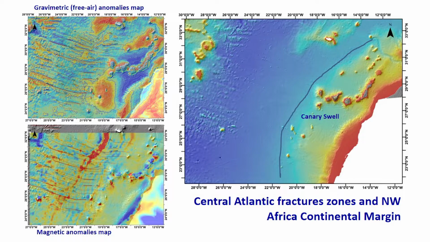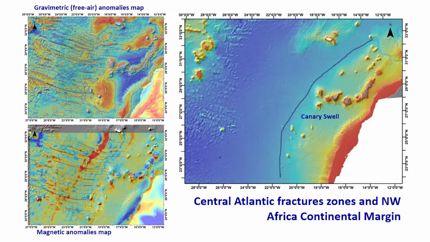Looking at the gravimetric data, the Canary Islands are connected with these high gravimetric anomalies, which are centered on the Echo and Bimbache seamounts. This area of gravimetric anomalies corresponds with all this. This one is called the Canary swell.